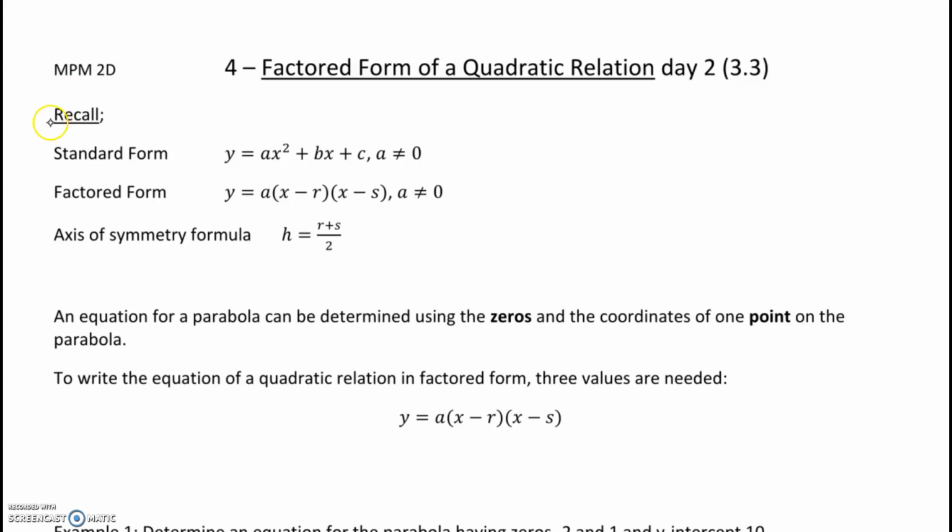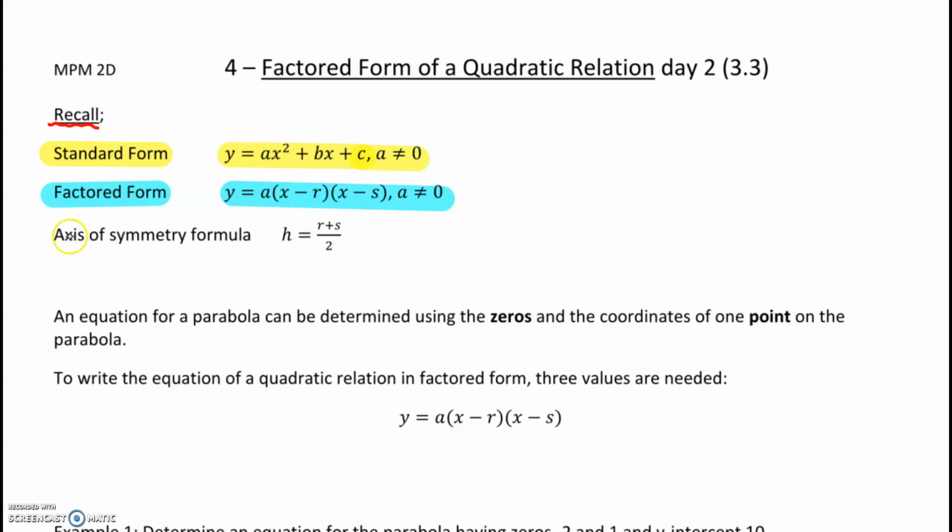So I'd like you to recall from the other lessons what we've previously learned, that the standard form of a quadratic relation is in the form y equals ax squared plus bx plus c, where a cannot equal 0, and that factored form of a quadratic relation is in the form y equals a times (x minus r) times (x minus s), where a cannot equal 0.